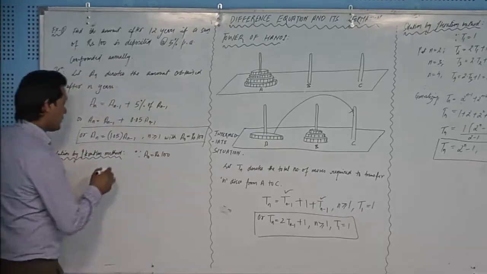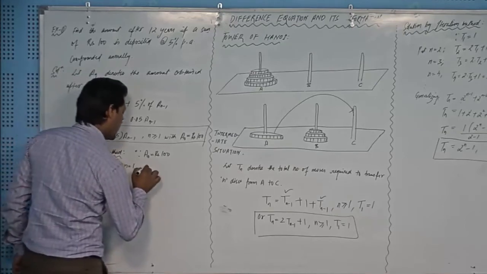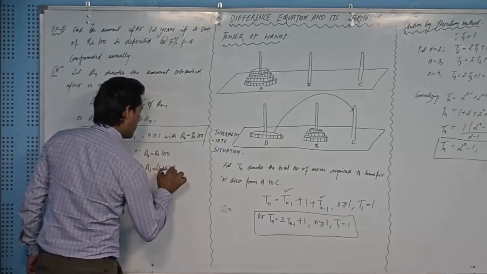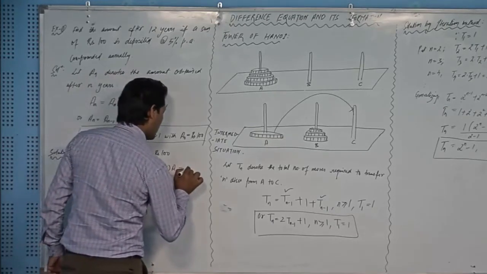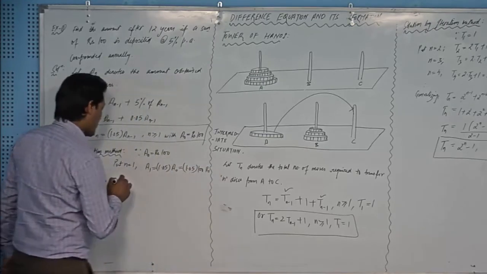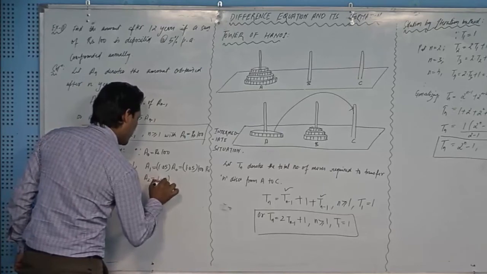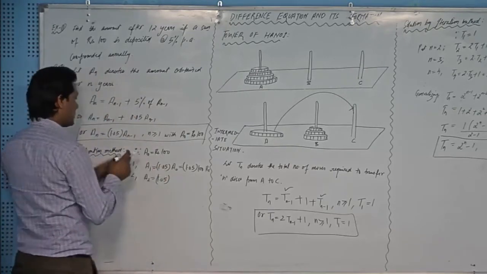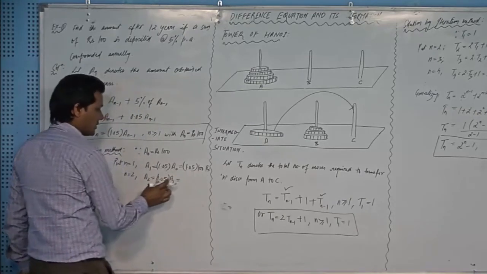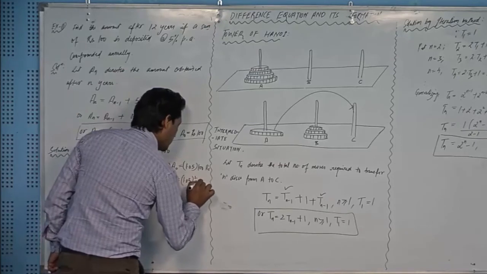Okay, then putting n equal to 1, 2 and 3, you will get the successive amounts. n equal to 1 will give you a_1 equal to 1.05 a_0, and this a_0 is 100, so 1.05 times 100 rupees, and n equal to 2 will give you a_2 equal to 1.05 a_1, and putting the value of this a_1 here, I will get 1.05 whole square times 100 rupees.